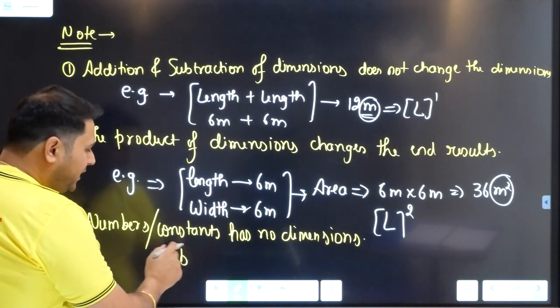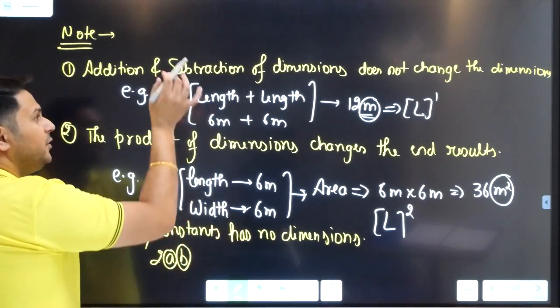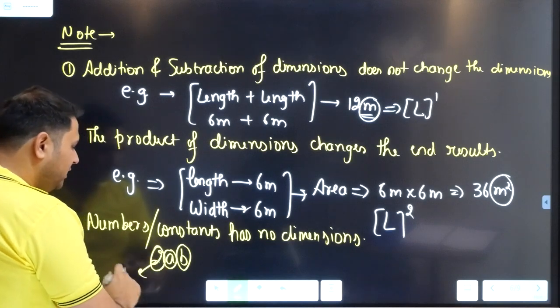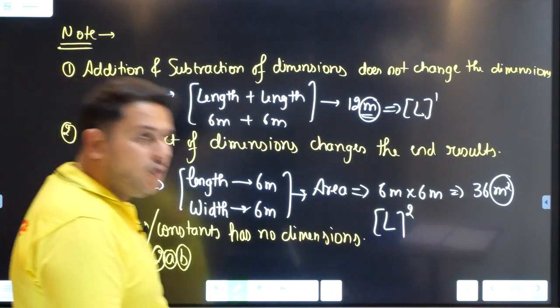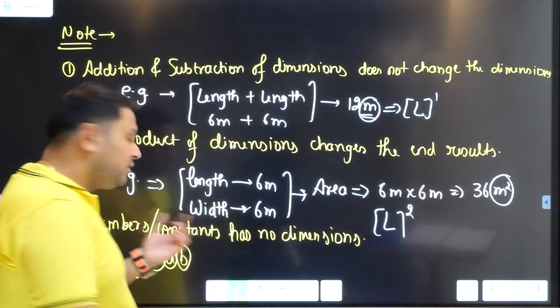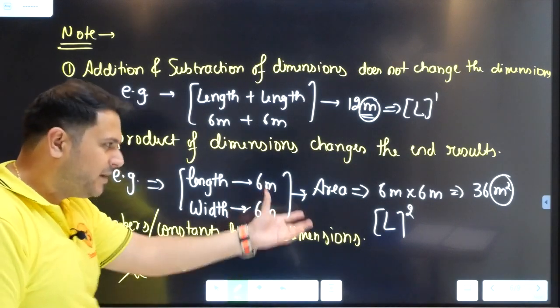Now a and b can have dimensions because they are forms of basic physical quantities, but this 2 is a constant. This will have no dimensions. Why did I mention this? Numbers and constants have no dimensions.